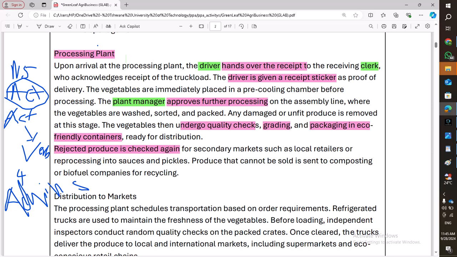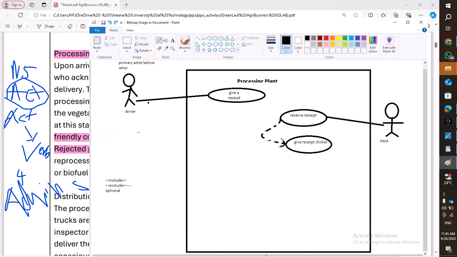Then we have another actor, which is the plant manager. The plant manager is our secondary actor, which is the passive actor.